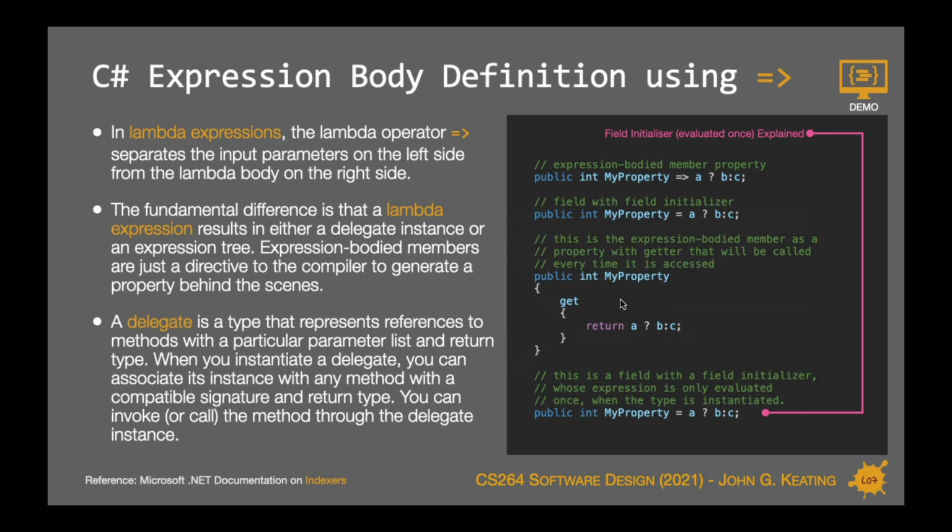So in lambda expressions then, the lambda operator separates the input parameters on the left side from the body on the right side. Okay, just as an aside. And the fundamental difference is that the lambda expression results in either a delegate instance or an expression tree. And expression body members are just a directive to the compiler to generate a property behind the scenes, so you don't have to write code, because we like to be a bit lazy. Okay?